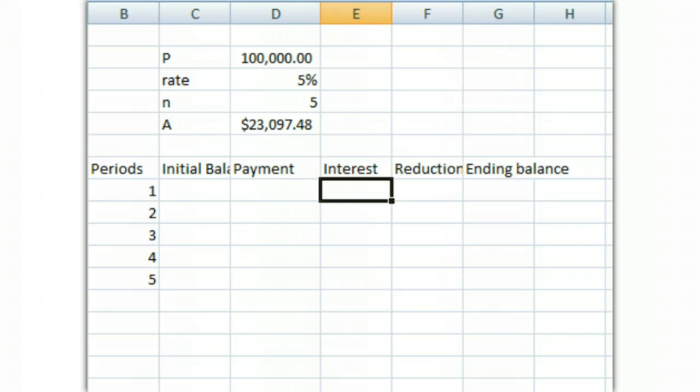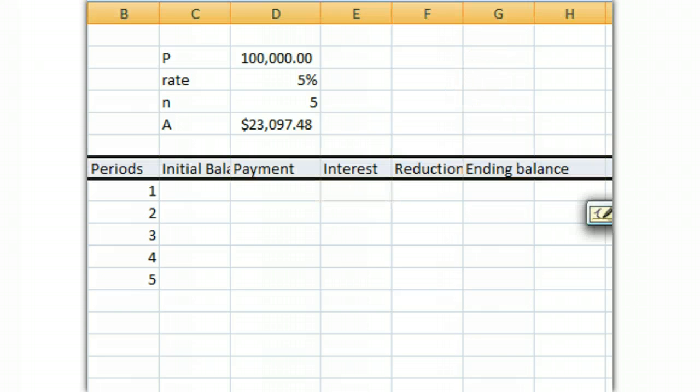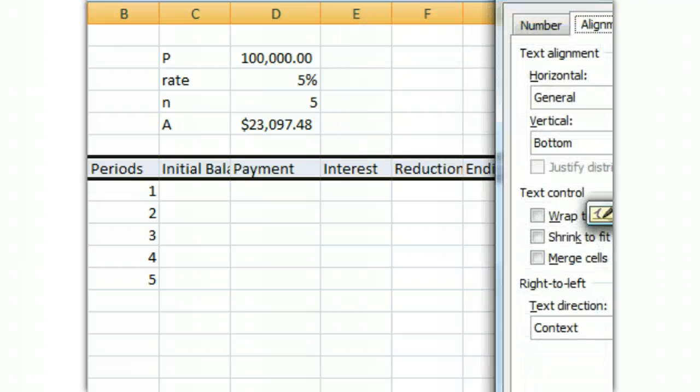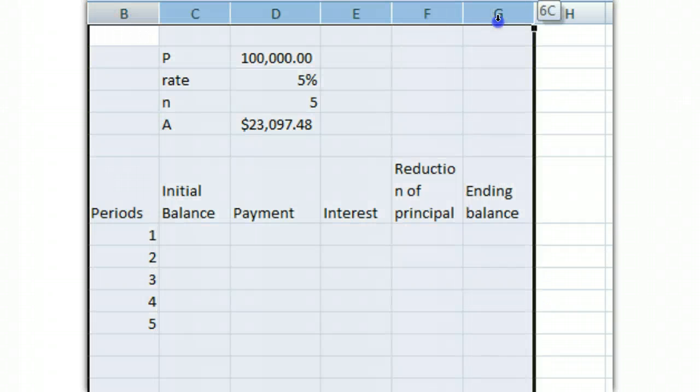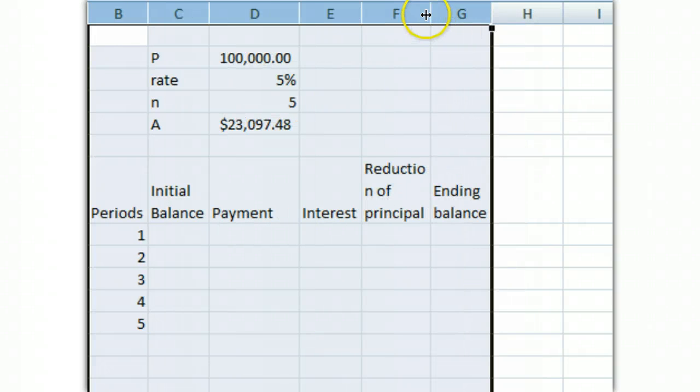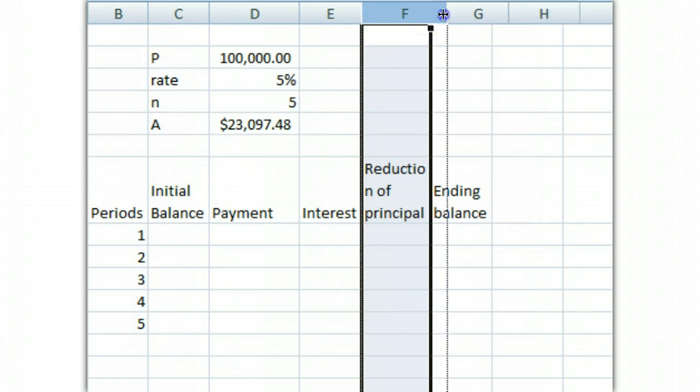I can make this look a little nicer if I wrap the text. So I select wrapping the text, and this looks a little nicer now.